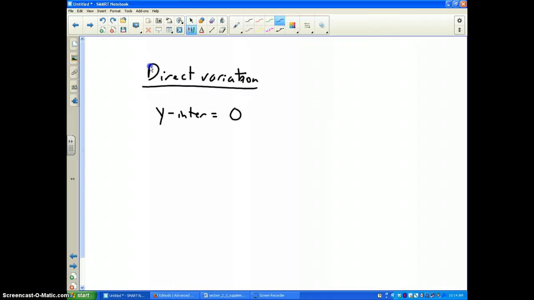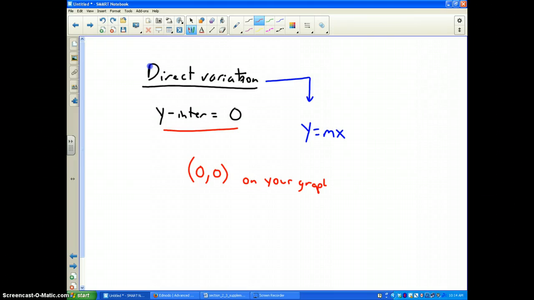A direct variation form of a linear equation is just y equals mx. There is no plus b part. So the question is, is the y-intercept equal to 0, or is the point 0, 0 on your graph? And that's what direct variation means.